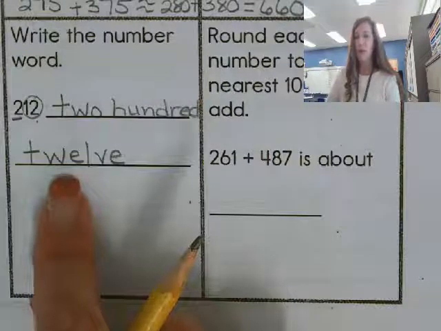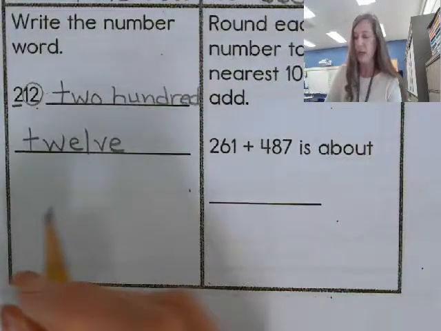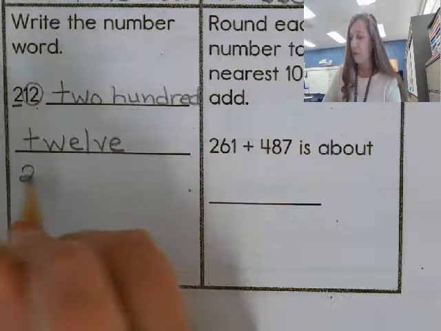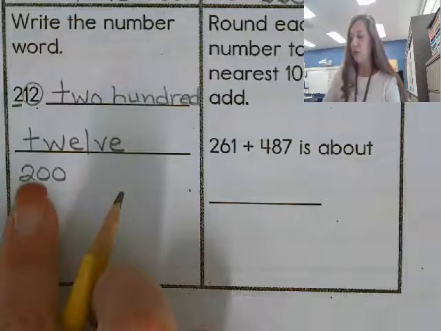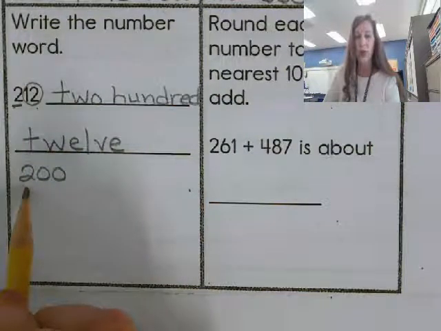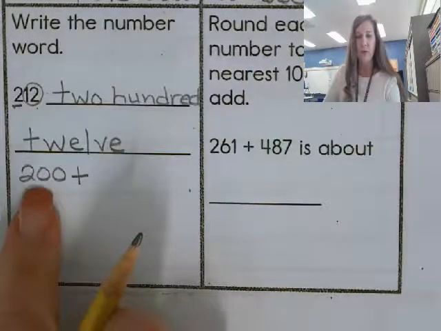So 212. If we were to write this in expanded form, and I just want to quickly remind you that they're not asking you to do this, but remember that you can take apart a number by its place value and show each digit as what it's worth, what's its value. So the 2 has a value of 200.